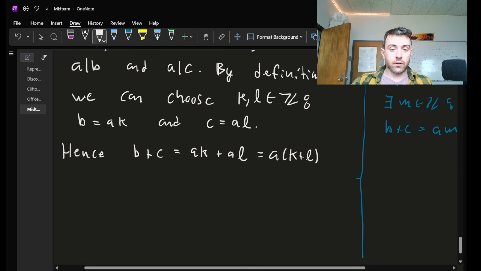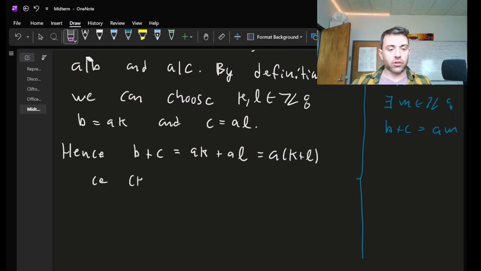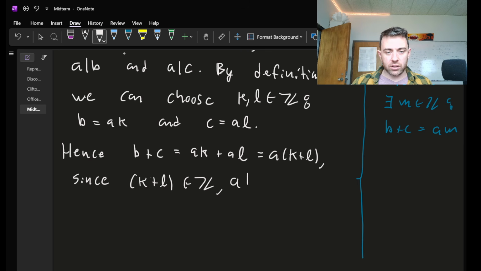I just tell the reader, since K plus L is an integer, A divides B plus C by definition. Right? So we've proven one of the things.